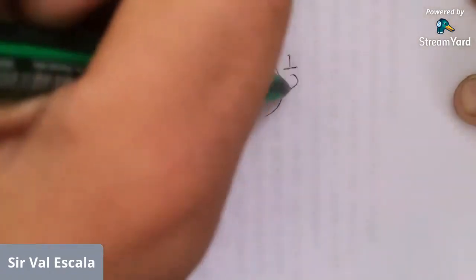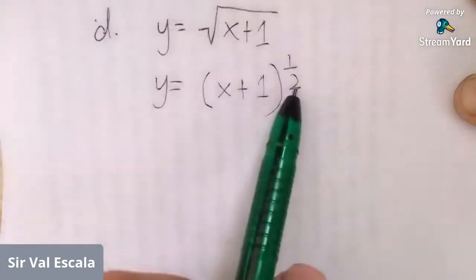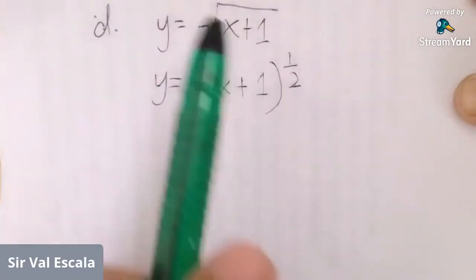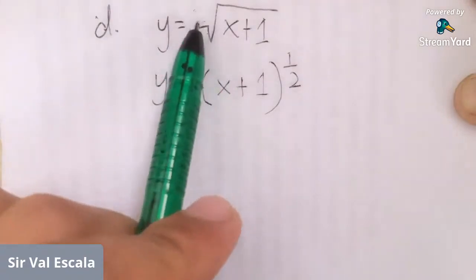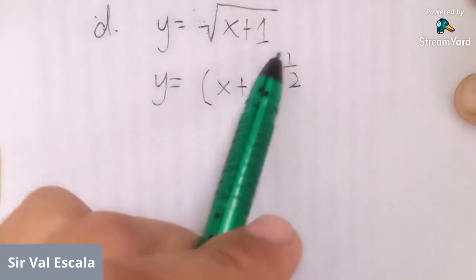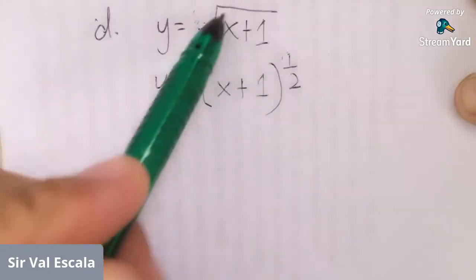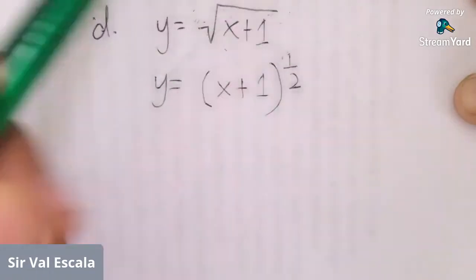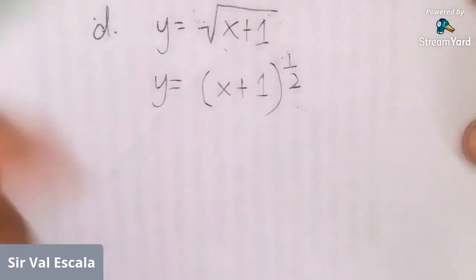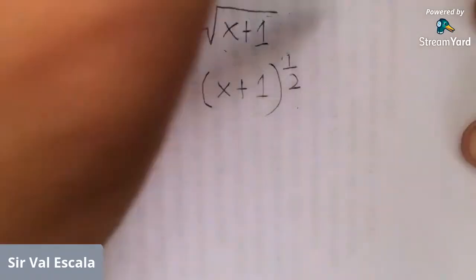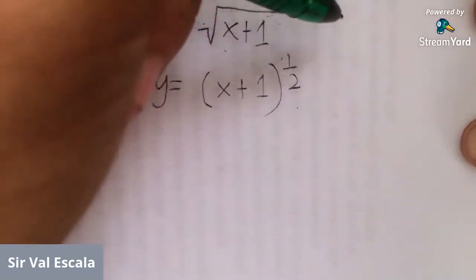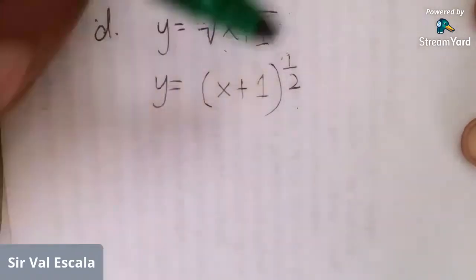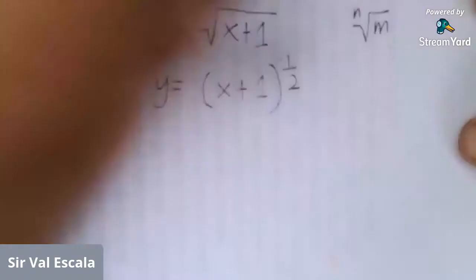Raised to 1/2. Yung 2 dito, siya yung root kanina, yung highest root, which is 2. Tapos si 1, yung exponent nito. Wala tayong nakikita exponent nitong x plus 1, magiging 1 dito. So, 1/2. Ito dapat kasi yan. Kasi, meron tayong pattern para malaman natin kung ano yung conversion ng radicals to exponent. So, the square root of m, tapos ang root natin is n.